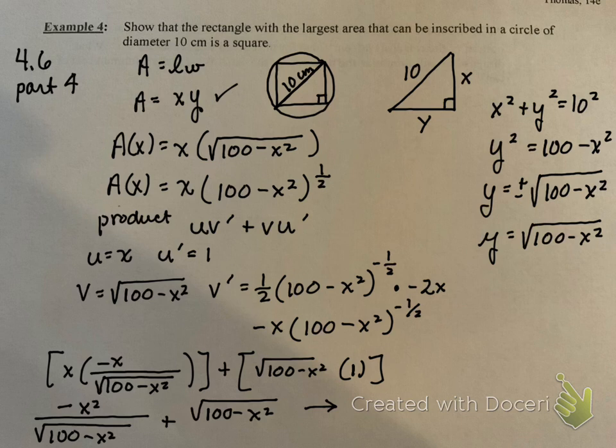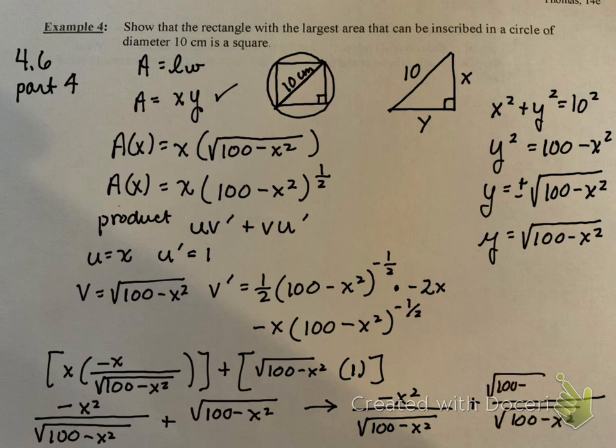All right, so I get negative x squared over the square root of 100 minus x squared plus, now remember I have to have a common denominator, so it's 100 minus x squared, and I already have a 100 minus x squared under the square root, and now I'm going to multiply by another one to build up that fraction. So that's going to look like this, and I'm going to turn the page here.